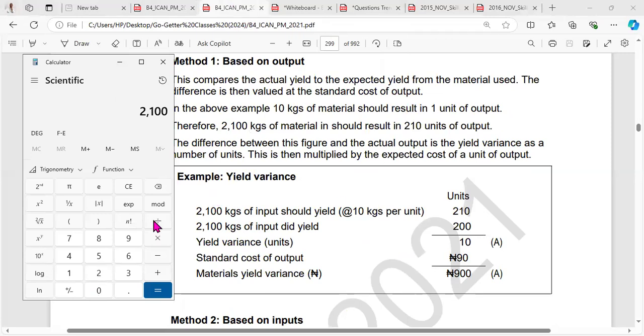Taking 10 kilogram per unit, you should be getting 210 units.